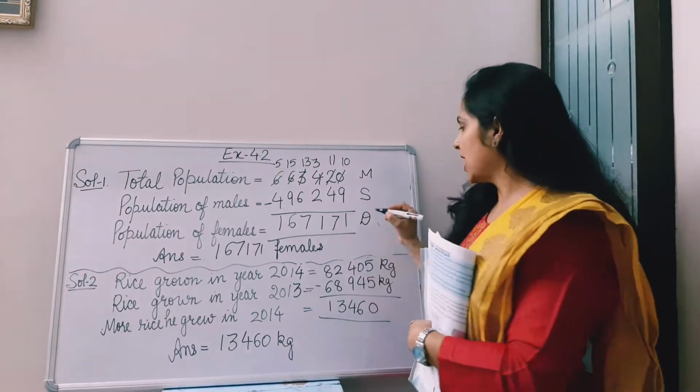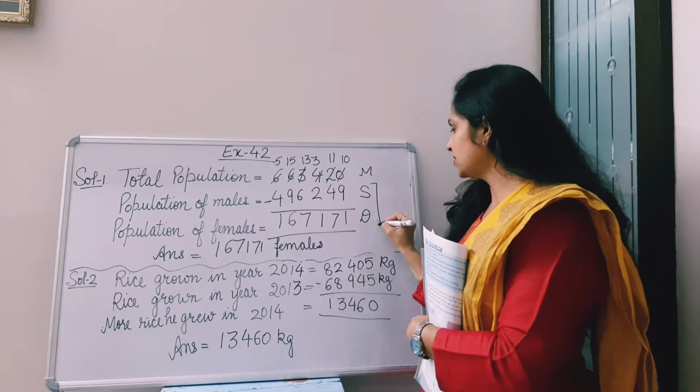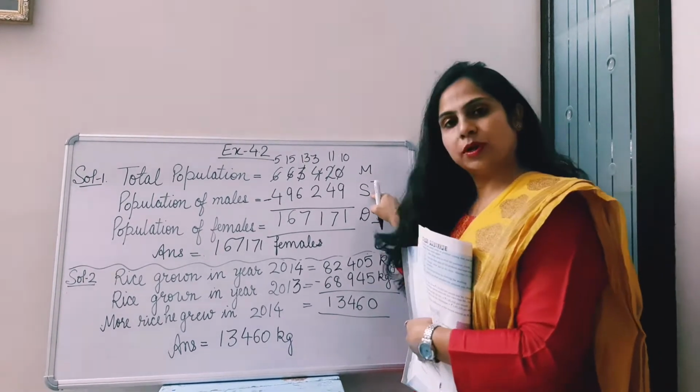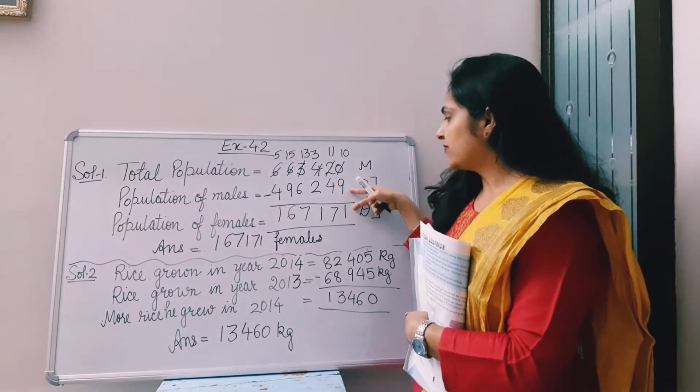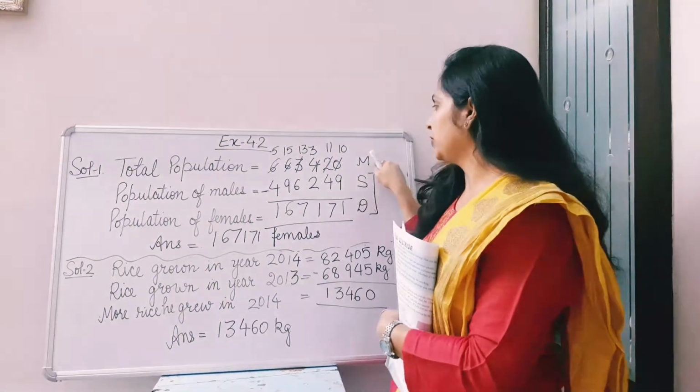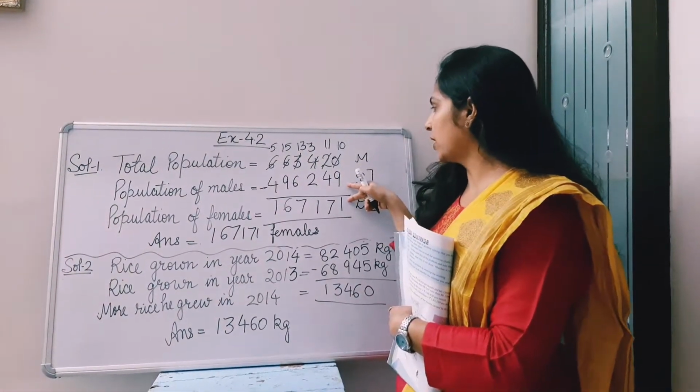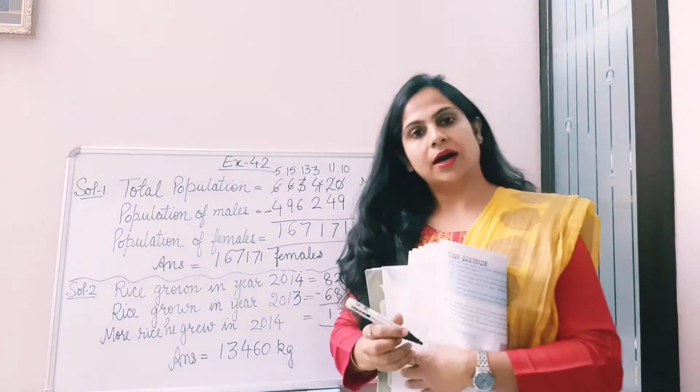How will I check? I'll add these two numbers and what will I get? Answer is minuend. आप इन दोनों को ऐड करोगे तो आपका आंसर minuend आ जाएगा. क्लियर? तो इस तरह से आप अपने क्वेश्चन को करने के बाद चेक कर सकते हैं. क्लियर? Now let's move to question number 2.